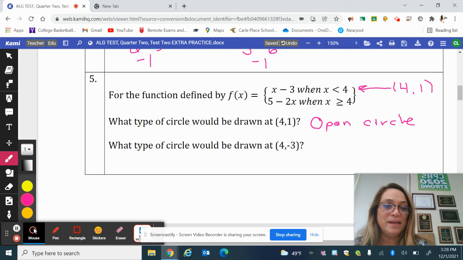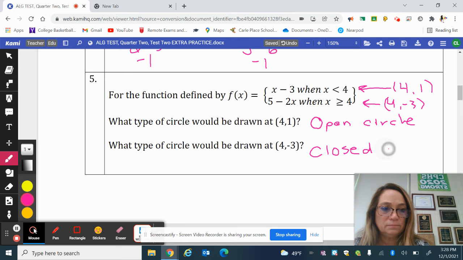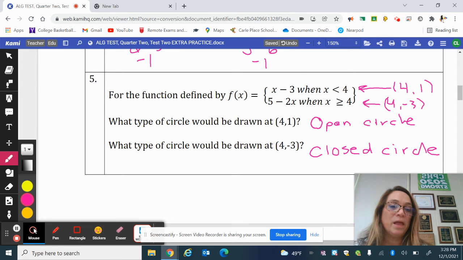And then 4, -3 is part of the second expression. And that would be a closed circle. So it's basically paying attention to the inequality symbols. When you have something without an equal bar, you want to do an open circle. When you have something with an equal bar, you want to do a closed circle.